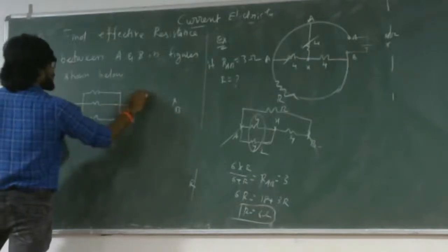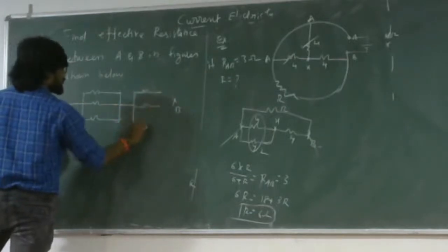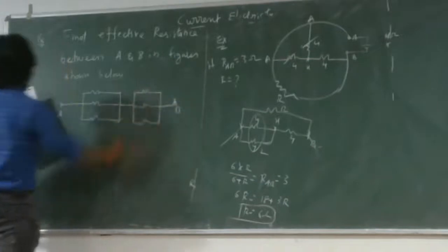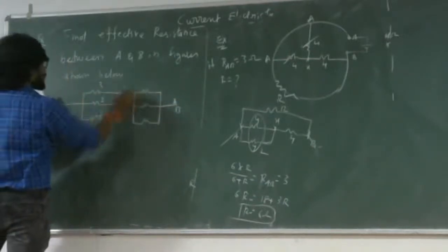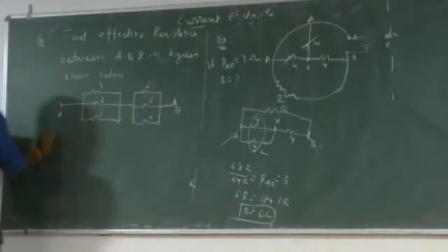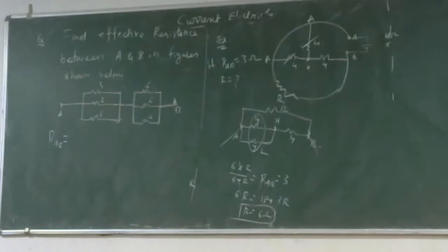Then it is also connected to 3 more resistors like this. This is a previous year question, guys. These are 3, 3, 3, this is 6, 6, 6. What is RAB?